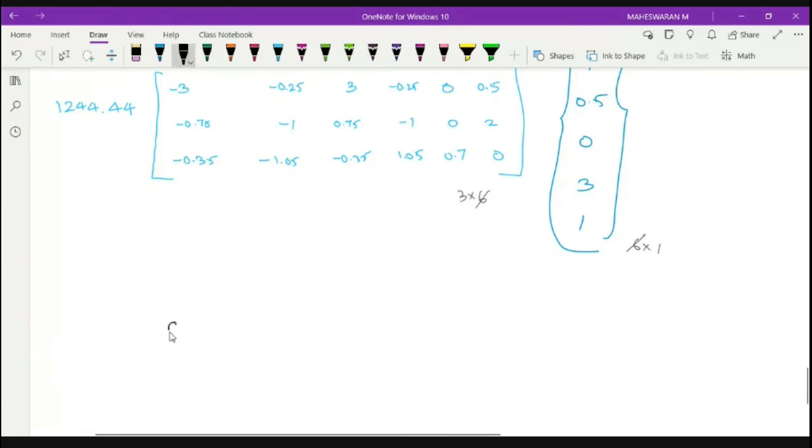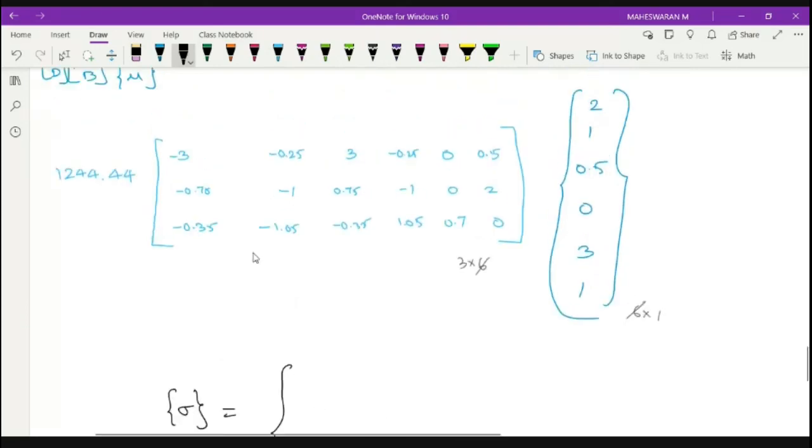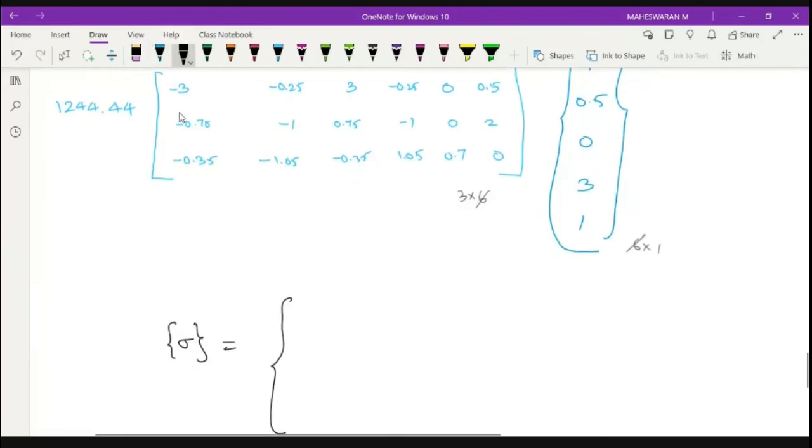So let us identify what my stress is. Stress is equal to, 3 minus 3 into 2. So this is a common term which is outside, which I missed. Right? So this is the common term which has to be included.